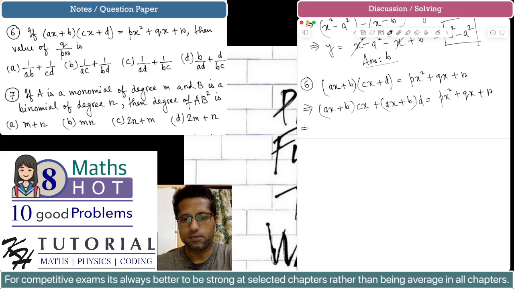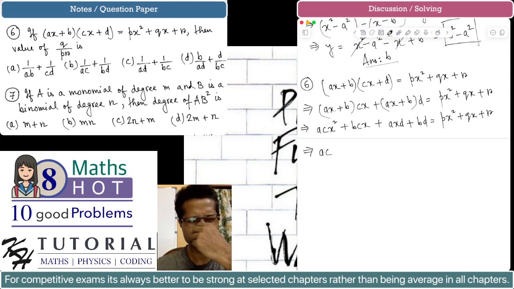So again we perform the multiplication of ax plus b into cx, and it becomes ac x square plus bc x. Similarly, ax plus b multiplied by d is adx plus bd, is equal to px square plus qx plus r.